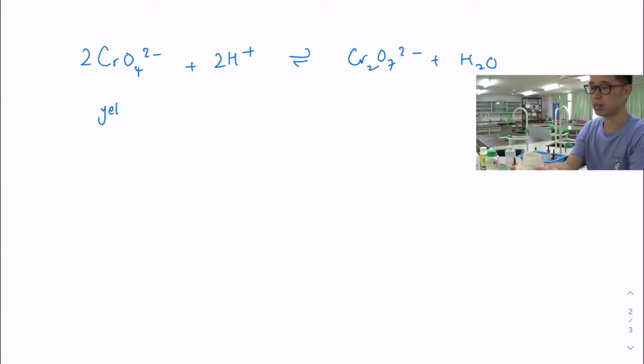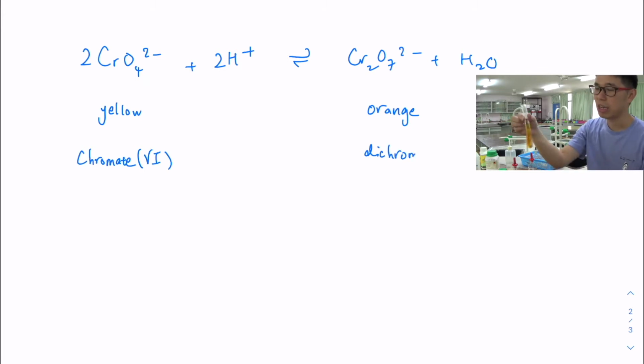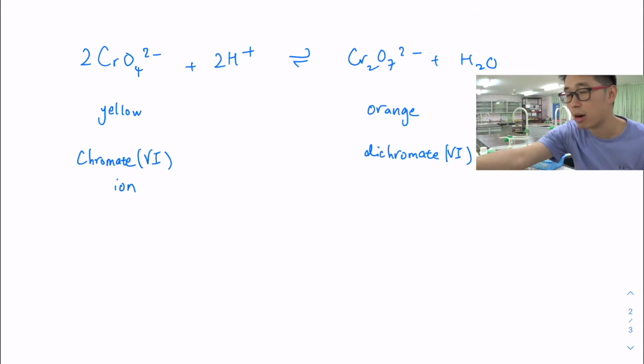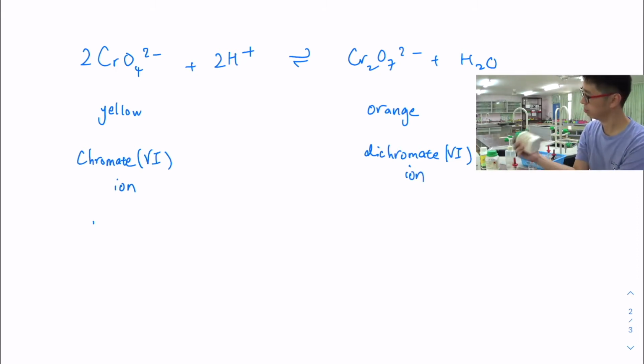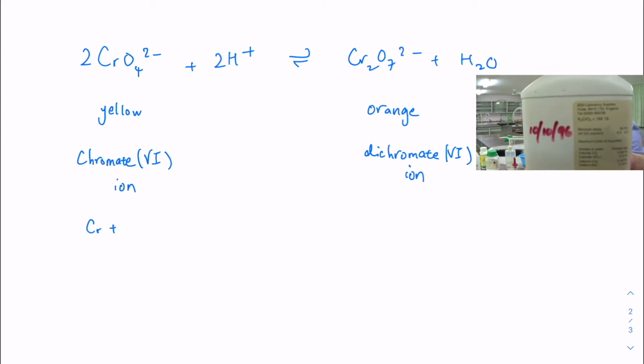The yellow color has gone to orange because the CrO4 2- is being converted to Cr2O7 2- in this non-redox reaction. It's not a redox reaction, it's an acid-base reaction. There's no change in oxidation number, because remember I said earlier, CrO4 2- is chromium +6.